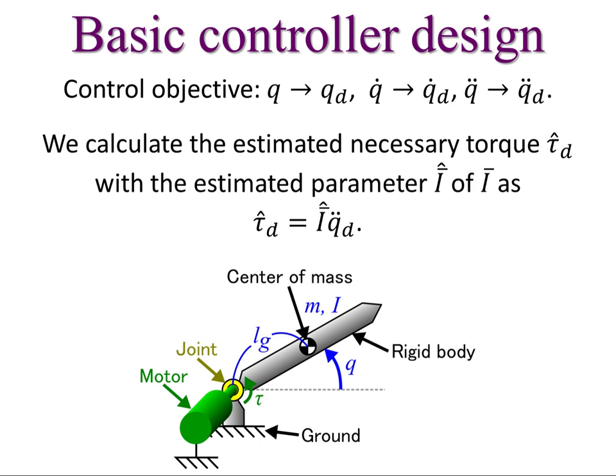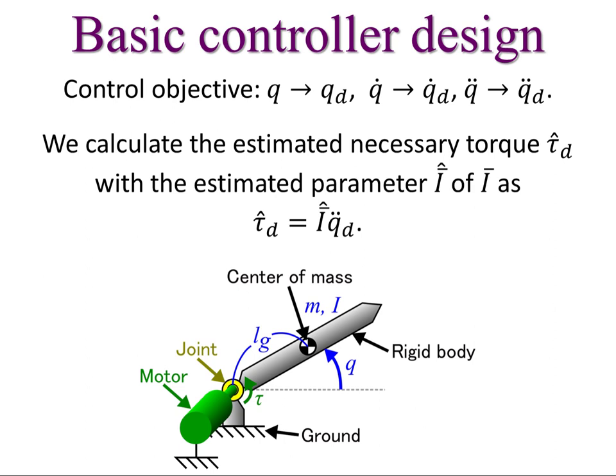Therefore, the estimated parameters are used to calculate an estimate of the torque required to generate the desired motion, tau d hat. This hat indicates that it is an estimate. The tau d hat is designed using the estimated value of I bar hat as shown in this equation.